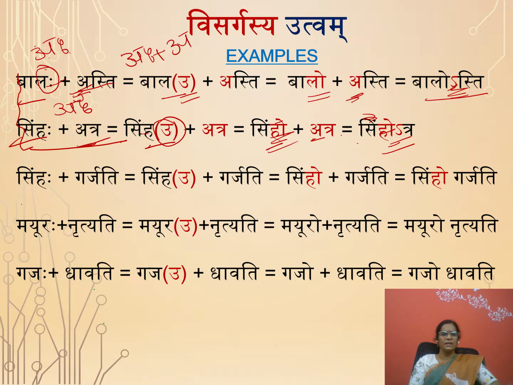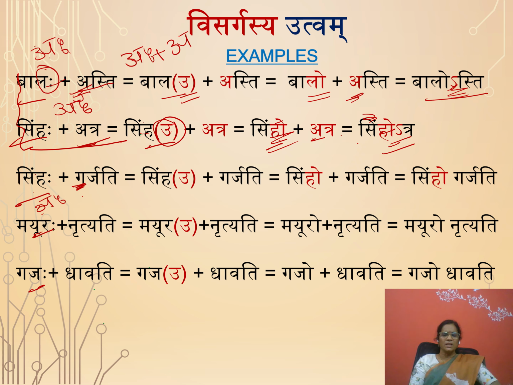Next, here the first word ended with Aha. Simhaha. The word ended with Aha. Here you can see Simhaha, Mayuraha, Gajaha. Everywhere the word ended with Aha. The second word here started with ga. Garjati, in that the first letter is ga.